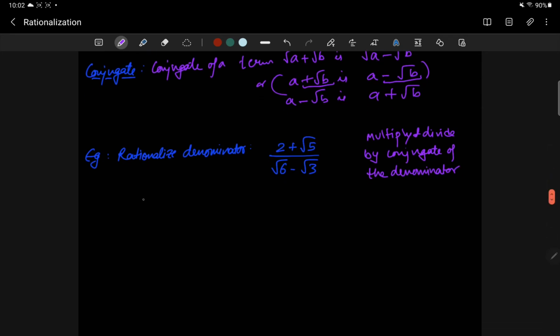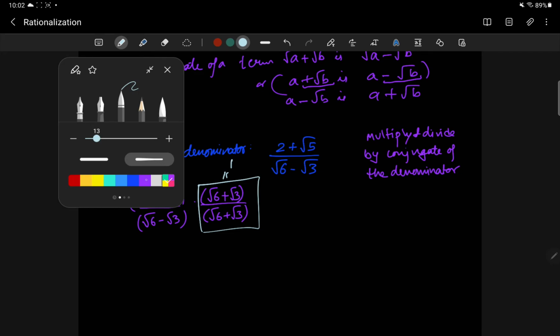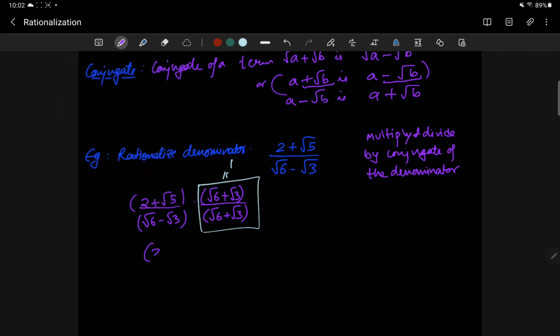Okay, so this becomes 2 plus root 5 over root 6 minus root 3 times root 6 plus root 3 over root 6 plus root 3. Now, what we multiply and divide by is actually 1, so there's nothing that we are changing over there. In the numerator, I have 2 plus root 5 times root 6 plus root 3.